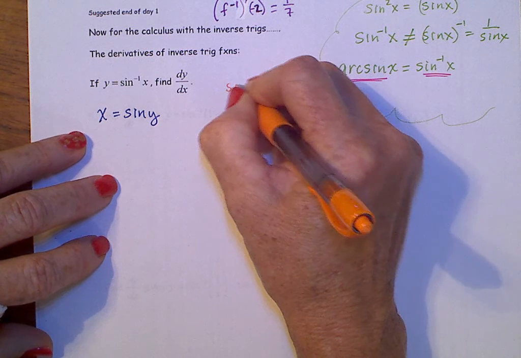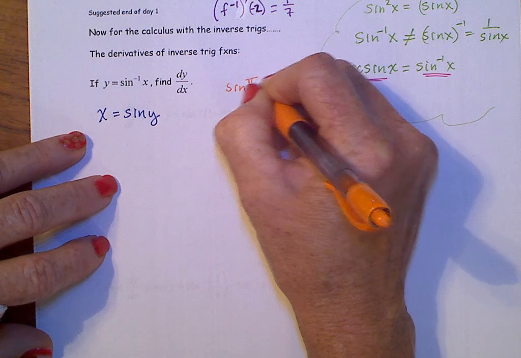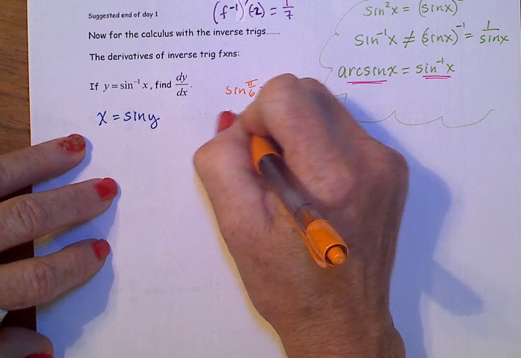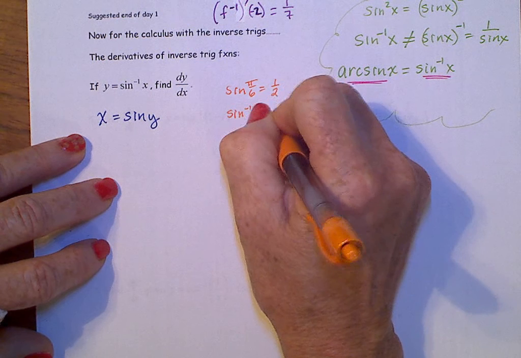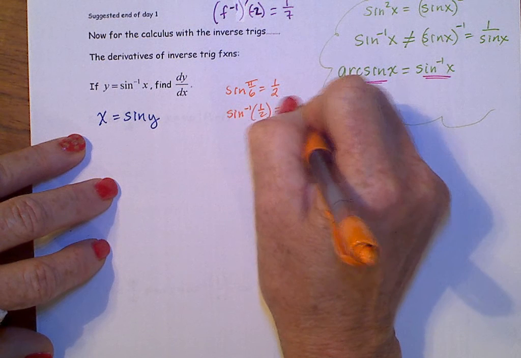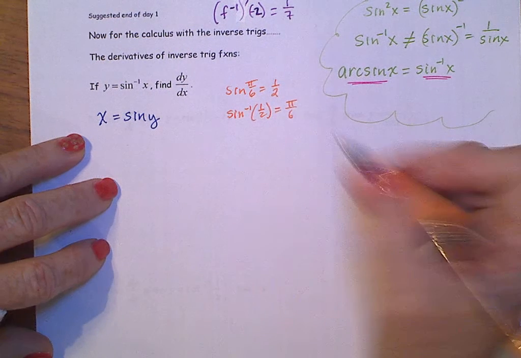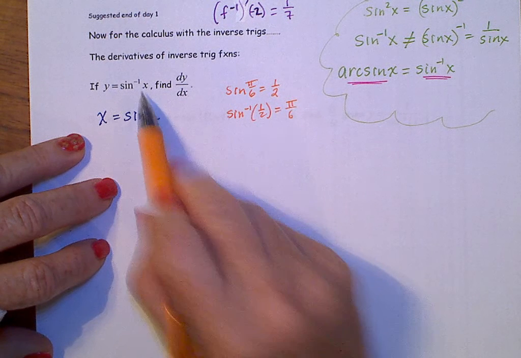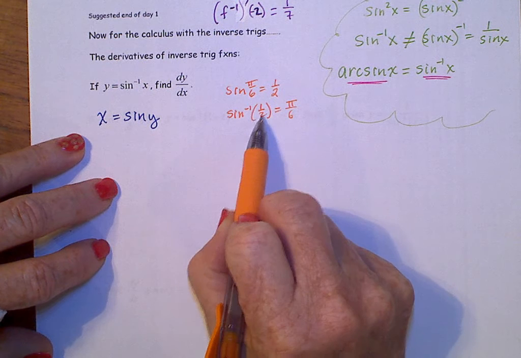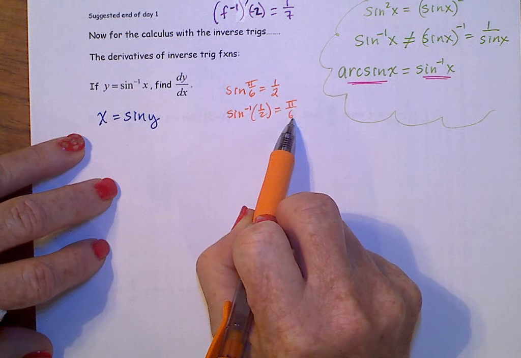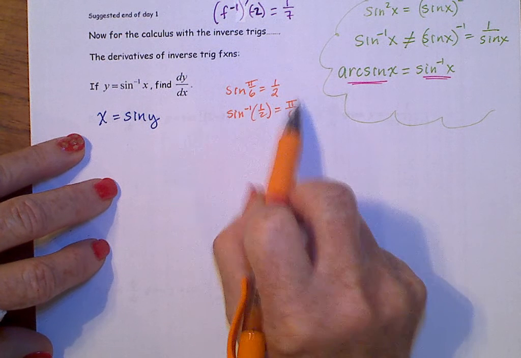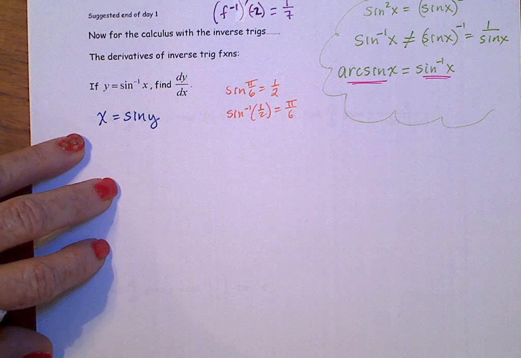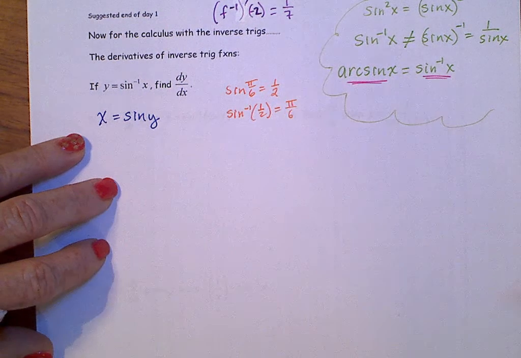You know the sine of pi over 6 is a half, which means inverse sine of a half is pi over 6. So I started right here, y equals inverse sine of x. So the half is like my x, and the pi over 6 is like the y. So then going up here to this line, sine y is equal to x. Okay, hopefully that cleaned that up for you.